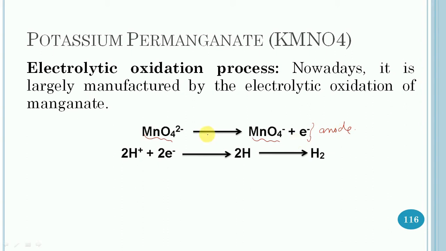Then hydrogen is evolved in the cathode compartment, and water will take up 2 electrons and get converted into hydrogen gas. The purple solution containing potassium permanganate is evaporated under controlled conditions and it crystallizes out. So these are the methods of preparation of potassium permanganate.